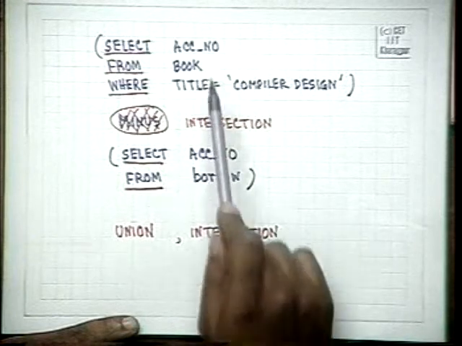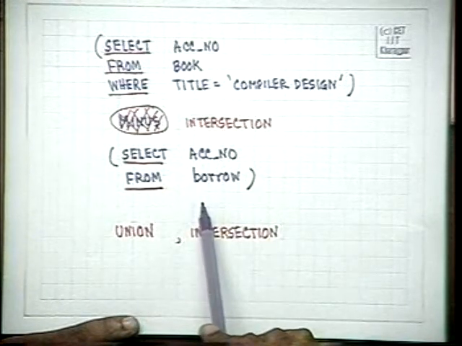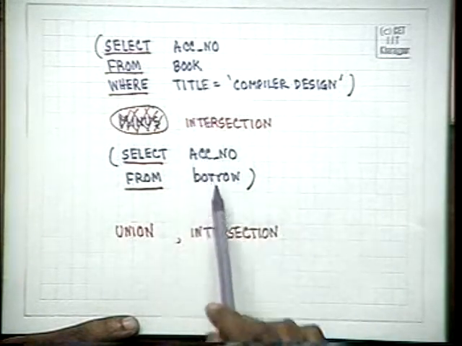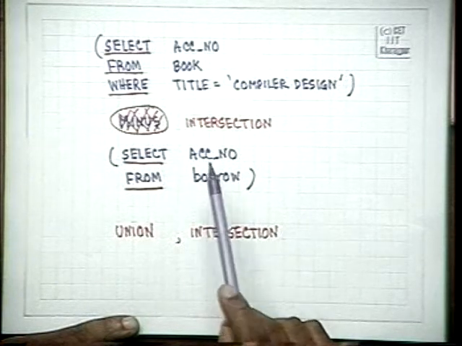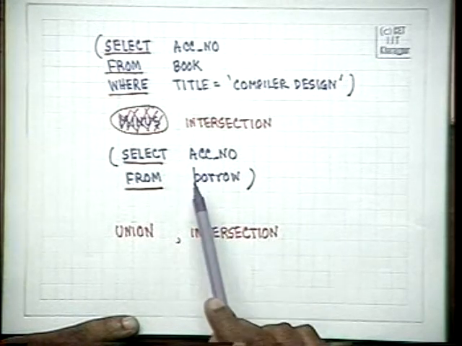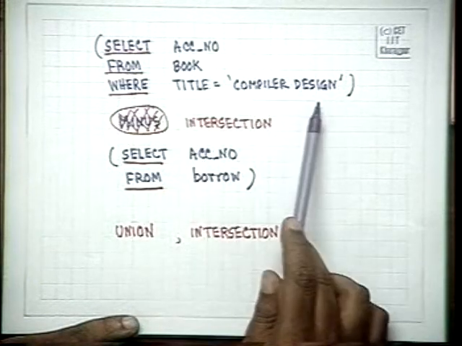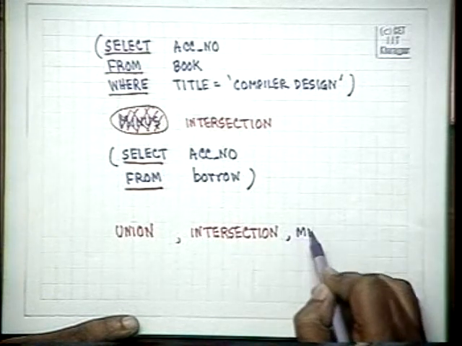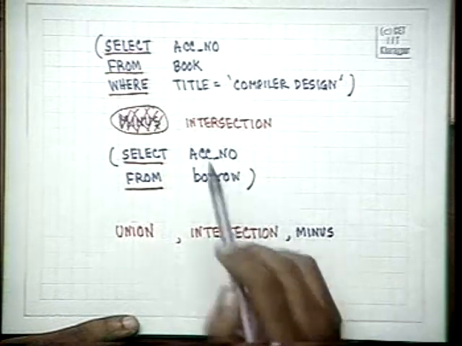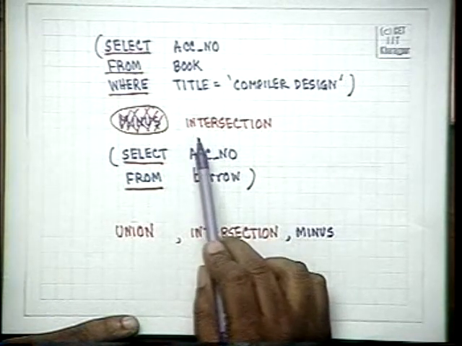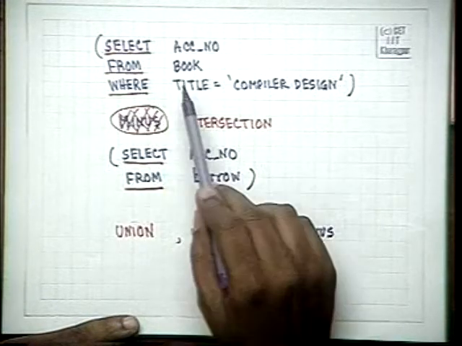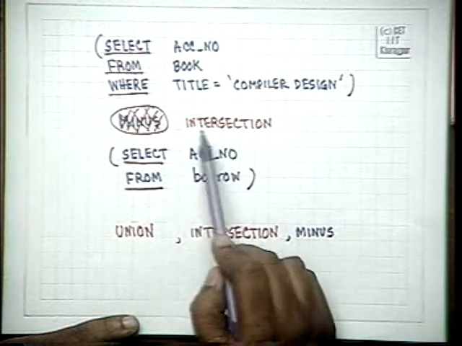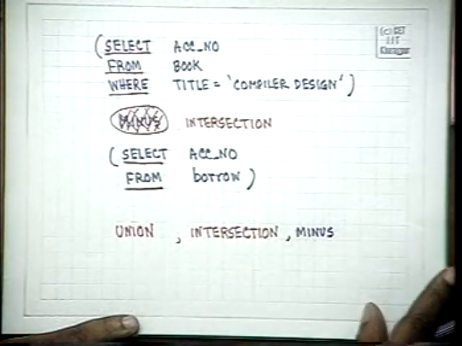This will give the accession number of all the books which have been borrowed and whose title is compiler design. Other than intersection, we have minus and union. When we do union, intersection or difference, which is minus, the attributes of the two relations must be identical, otherwise this set operation is not applicable.